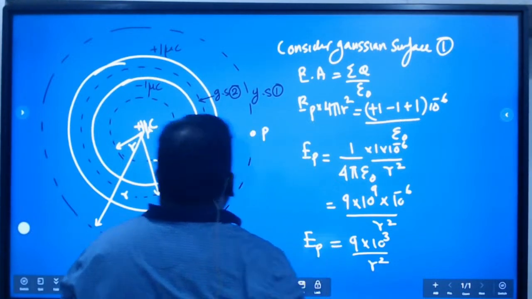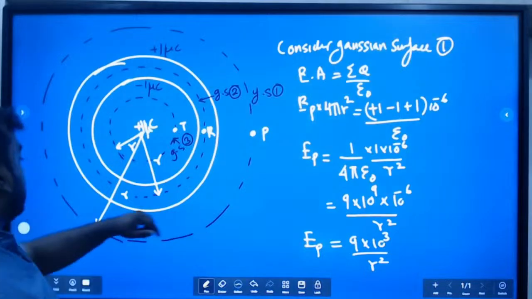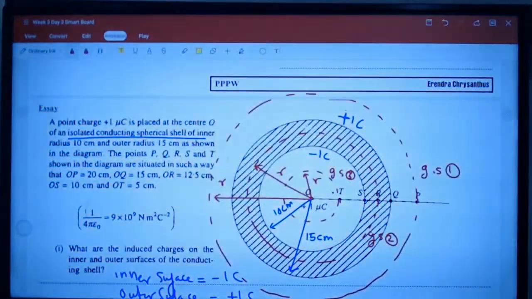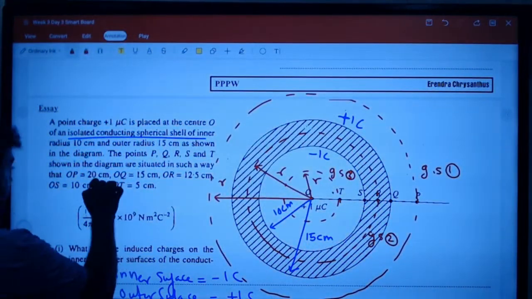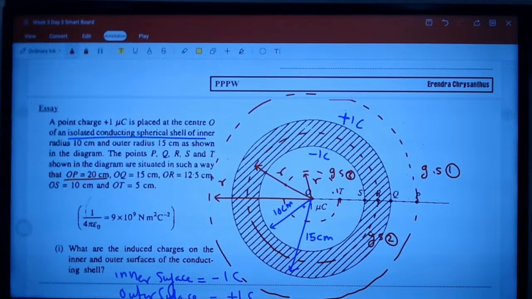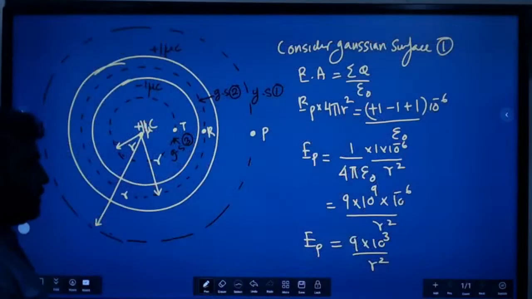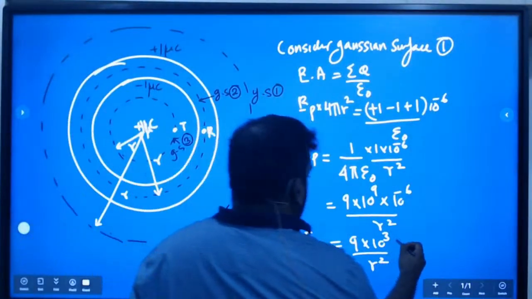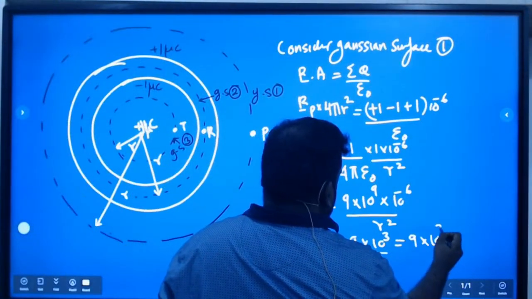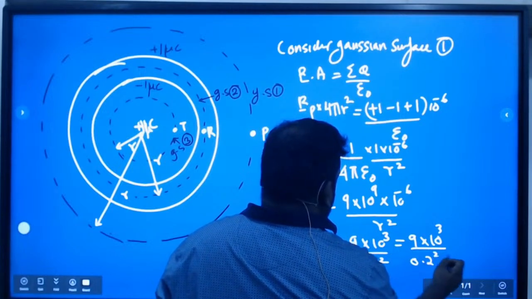I think they have given you the OP distance. OP distance is given, 20 centimeters. Substitute here, 0.2 squared.